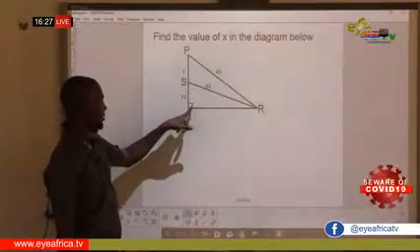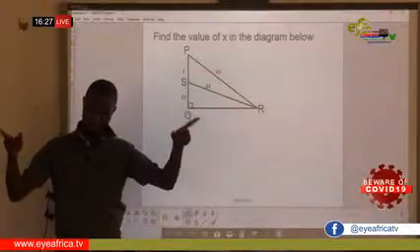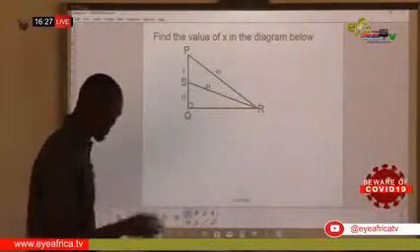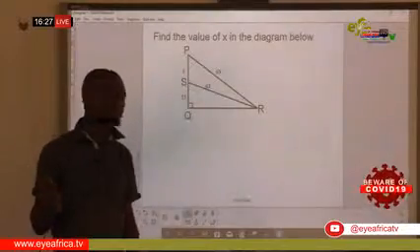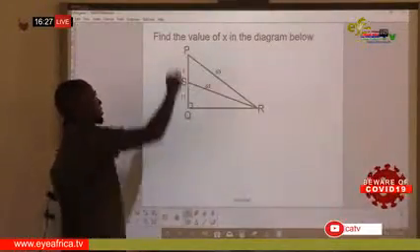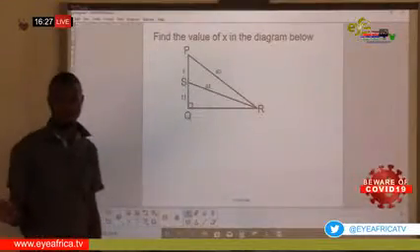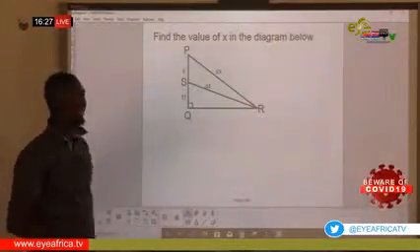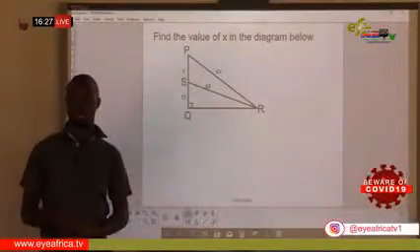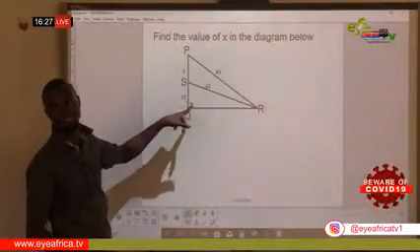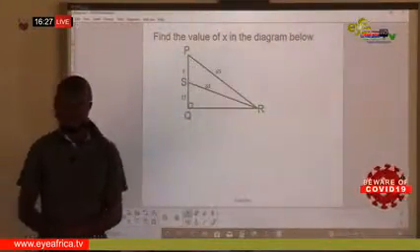You have about 3 triangles altogether, but 2 of them are right angle triangles. Triangle PQR is a right angle triangle, and triangle SQR is also a right angle triangle, because of this sign here telling you it is a right angle.